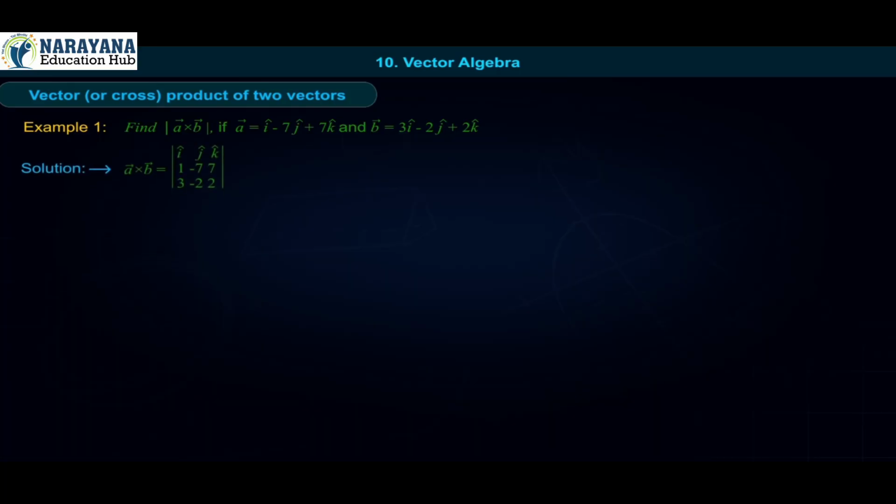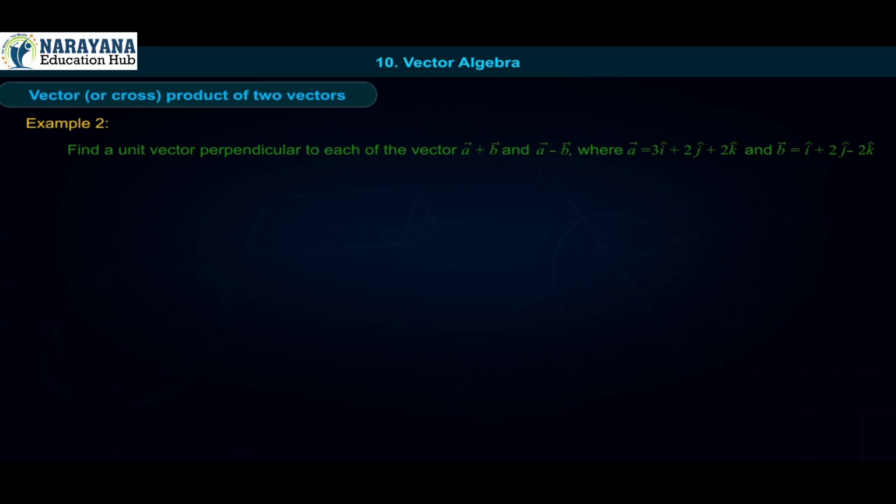Solution: vector A cross vector B is equal to the determinant with rows i cap, j cap, k cap; 1, minus 7, 7; 3, minus 2, 2, which is equal to (minus 14 plus 14) i minus (2 minus 21) j cap plus (minus 2 plus 21) k cap, which is equal to 19 j cap plus 19 k cap. Therefore, the modulus of vector A cross vector B is equal to square root of 19 square plus 19 square, which is equal to 19 square root of 1 plus 1, which is equal to 19 root 2.